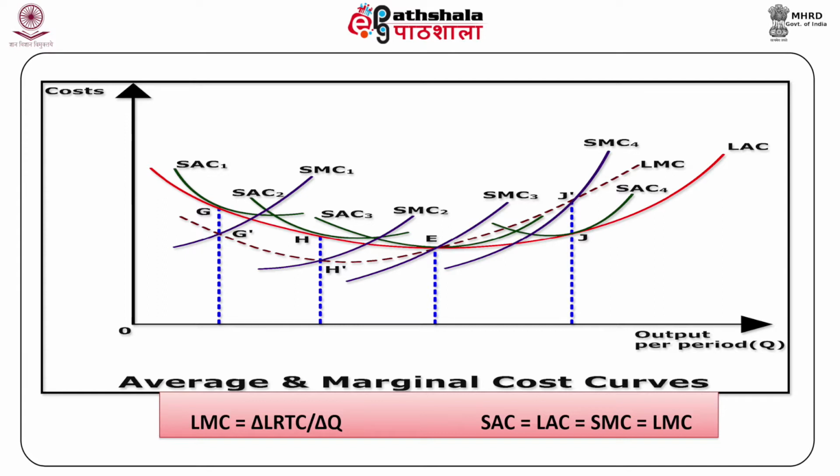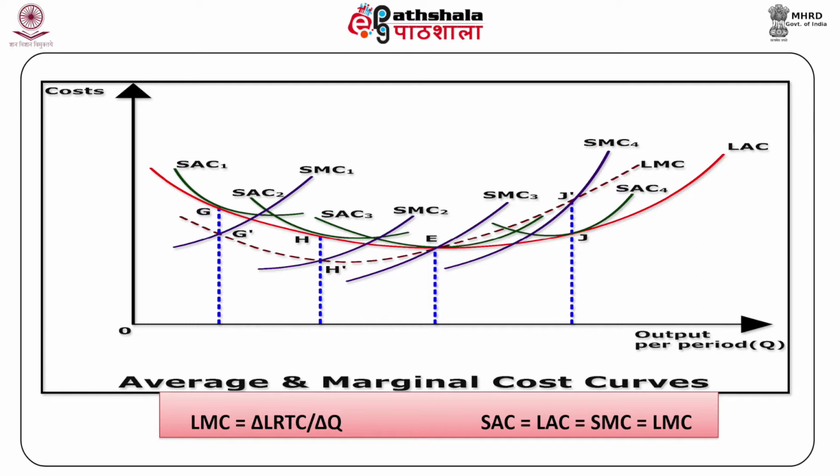Point E is the minimum of LAC, which is also the minimum of SAC3 and also the intersection point of SMC3 and LMC. Hence, at this point, SAC is equal to LAC is equal to SMC is equal to LMC, equation 5. That is, all the costs, short run and long run average as well as marginal cost, are equal.